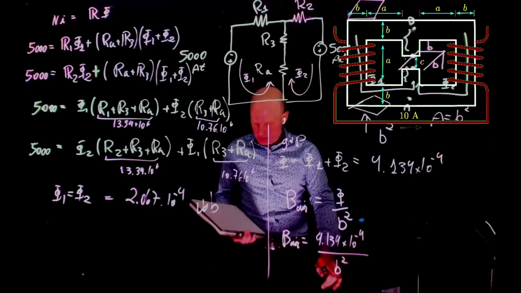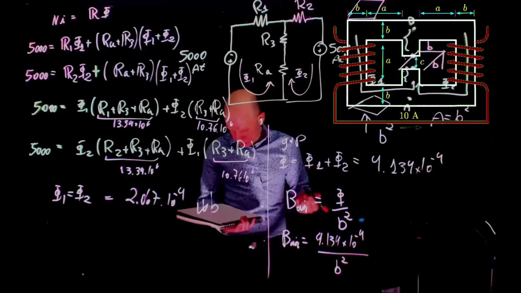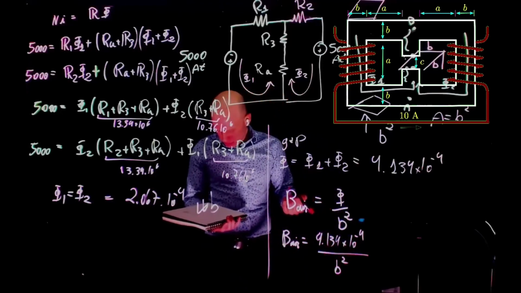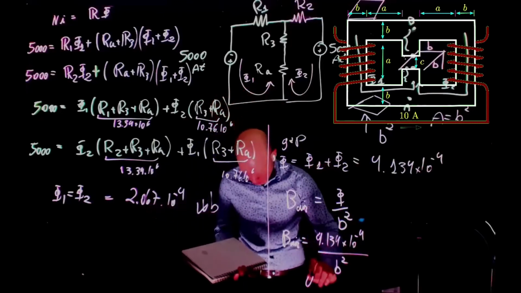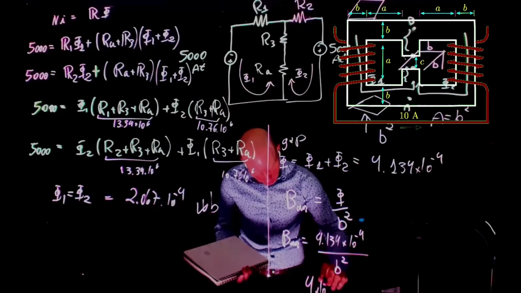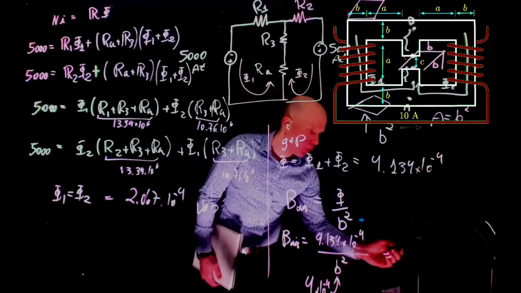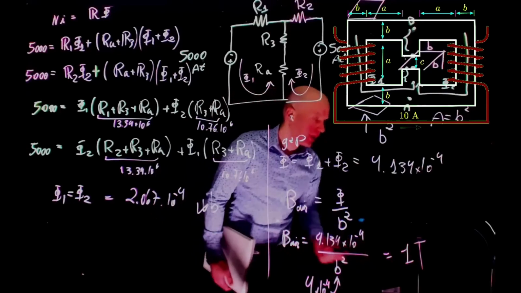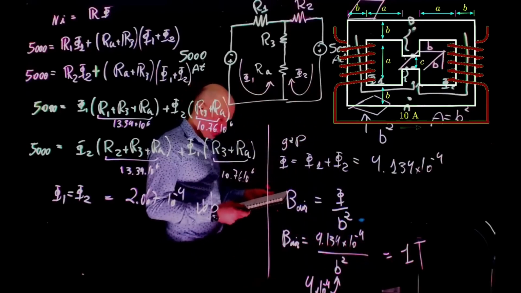Don't forget that this needs to be in meters. So that is going to be 2 millimeters, 0.2 times 0.2 millimeters. That is 4 times 10 to the power of -4. And this gives 1 Tesla. Exactly 1 Tesla.